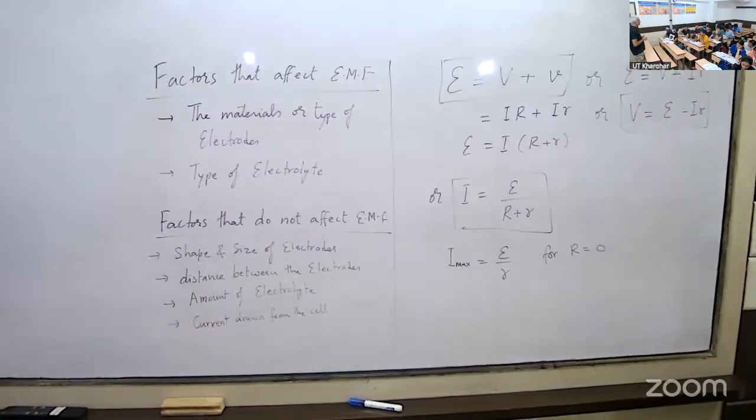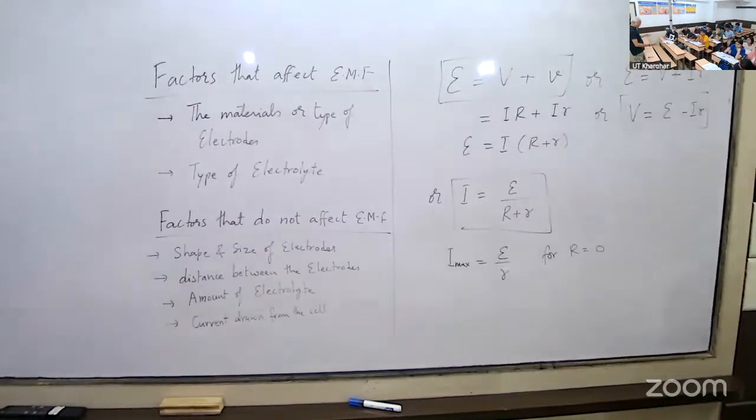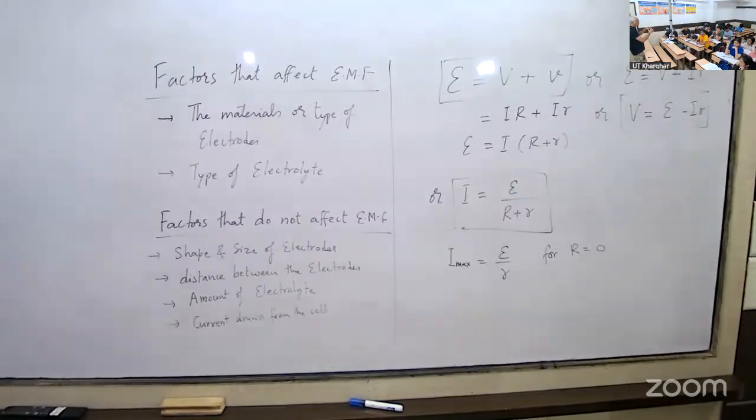What is equilibrium condition during a chemical reaction? When I initiate a chemical reaction, will it go on forever? No. After a certain duration, it will stabilize. That is the equilibrium condition of a chemical reaction.